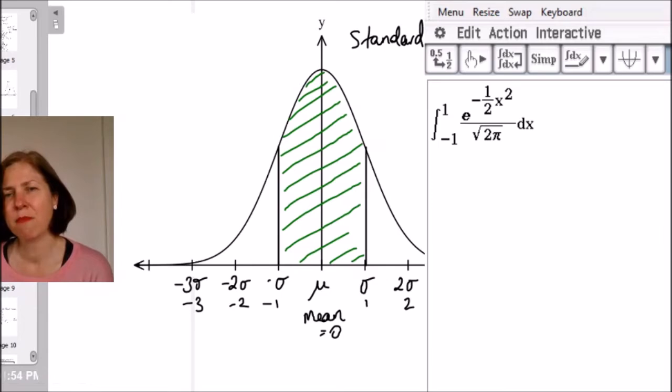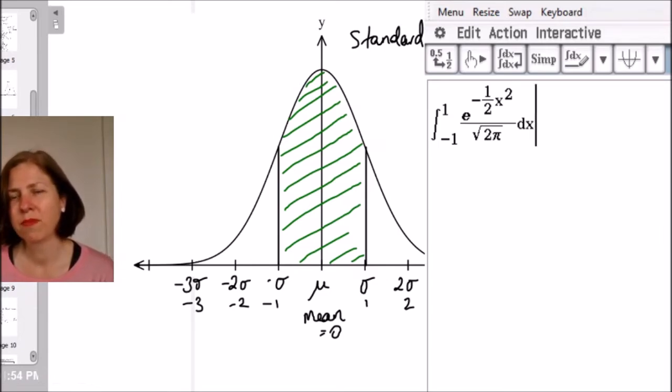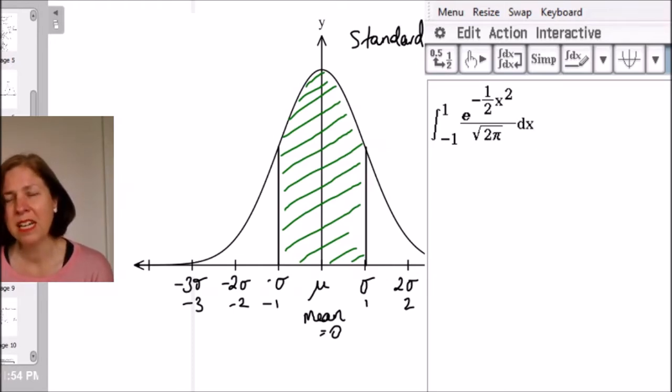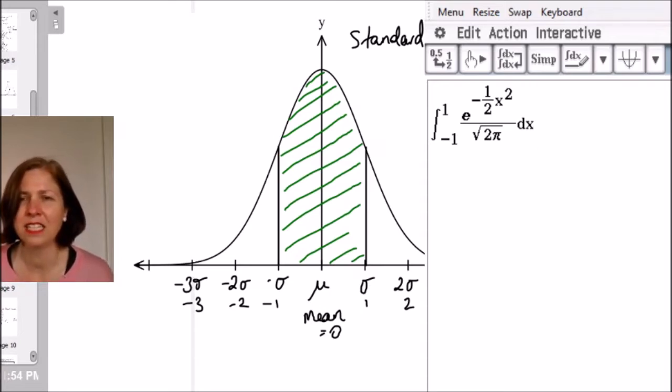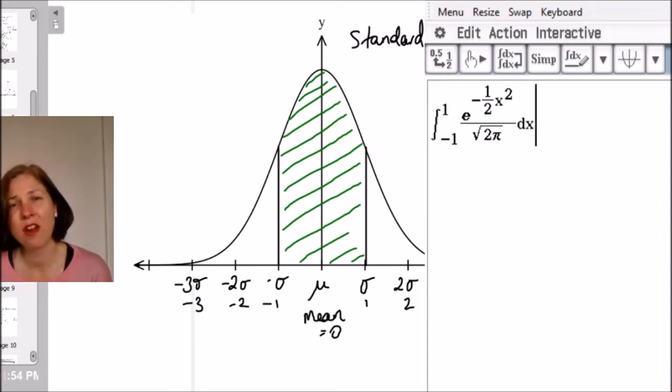If you remember, for any continuous probability distribution, we find the probability of a value falling in an interval by calculating the integral of the function within that interval. In this case, the interval I'm looking at is from x is -1 to x is 1. I want to know the area under that curve because that area is going to give me the probability of falling within that range.